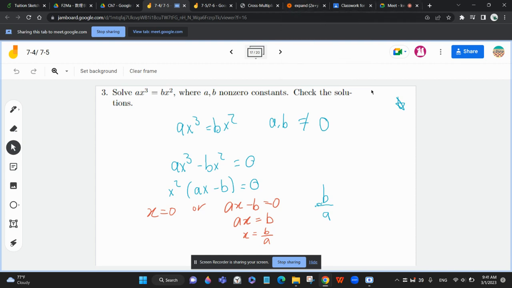And you plug in b over a cubed, this one you will get b cubed over a squared, and then the right hand side, you will get b cubed over a squared. Yeah, so indeed they are the solutions.